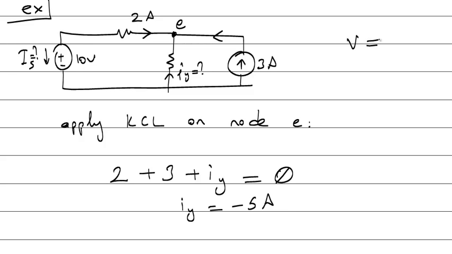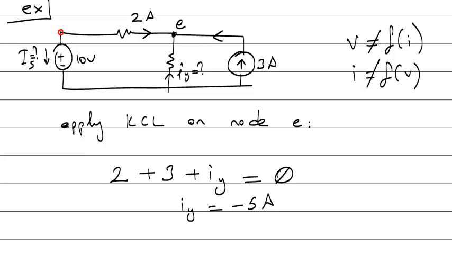The voltage of the source is not a function of current, and the current of a source is not a function of its voltage. You should apply KCL on a node. Apply KCL on this node.